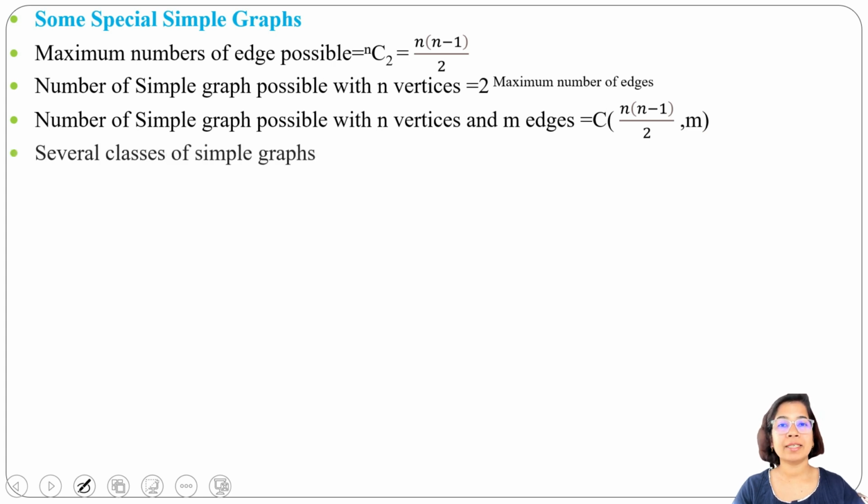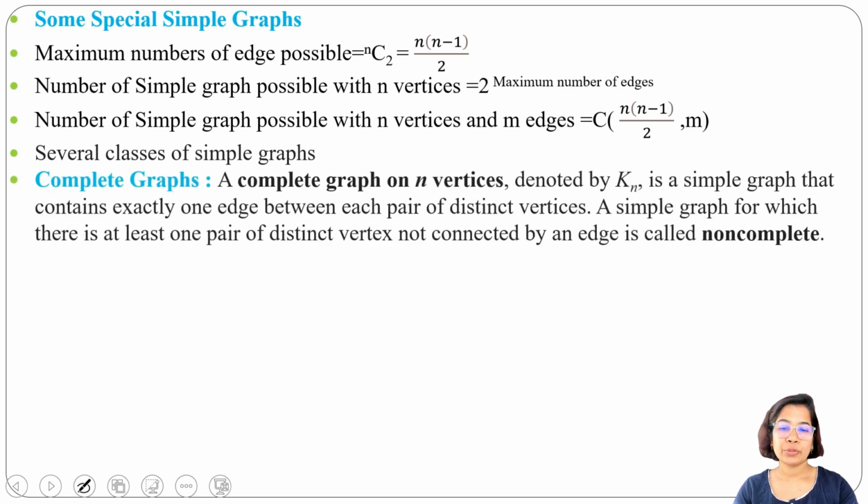Now several classes of simple graph. First I will discuss the complete graph. If every vertex is adjacent to every other vertex, then it's a complete graph. A complete graph on n vertices, denoted by Kn, is a simple graph that connects exactly one edge between each pair of distinct vertices. This is a simple graph, so multi-edges and loops are not allowed.